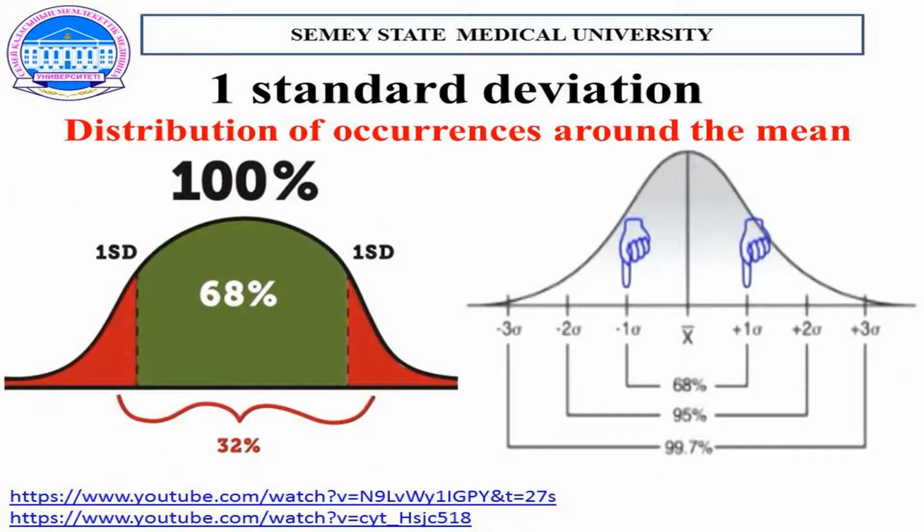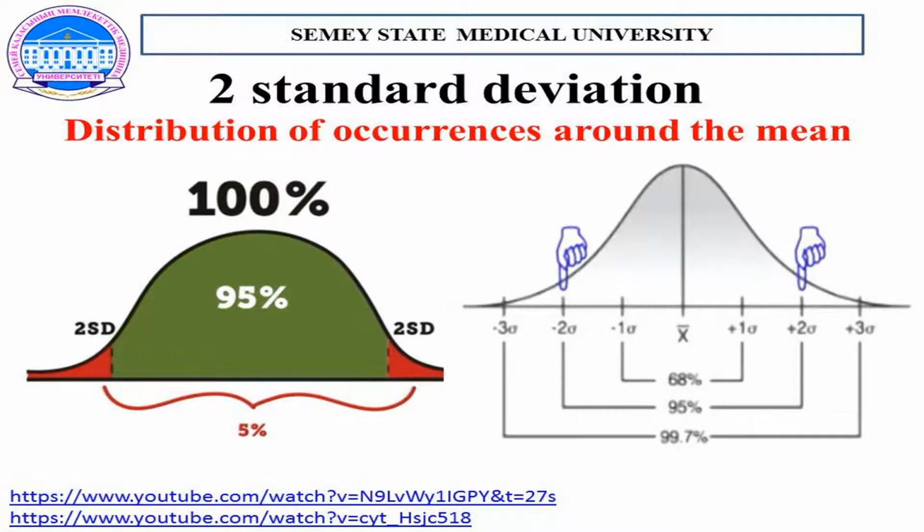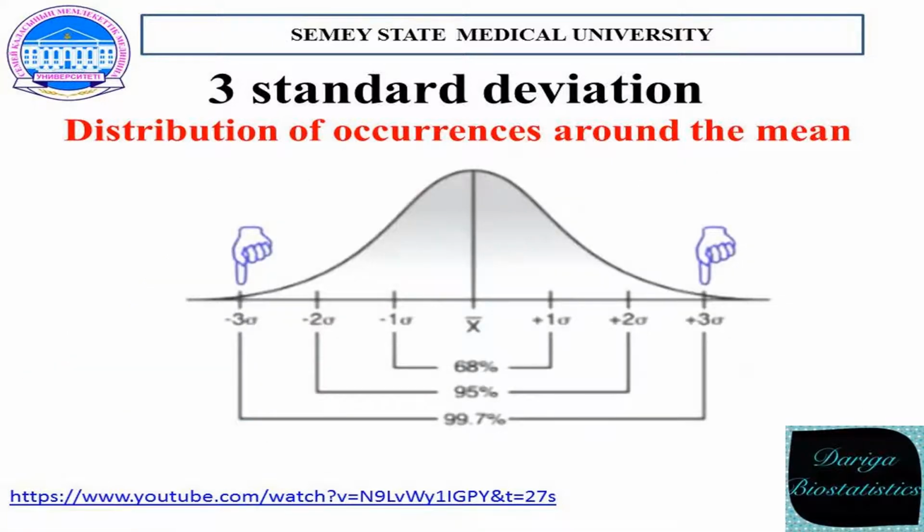Here is a more detailed graphical illustration of the distribution of occurrences around the mean. 68% out of 100% is the distance of mostly spread numbers within 1 standard deviation of the mean. 95% out of 100% is within 2 standard deviations of the mean. 99% out of 100% is within 3 standard deviations of the mean.